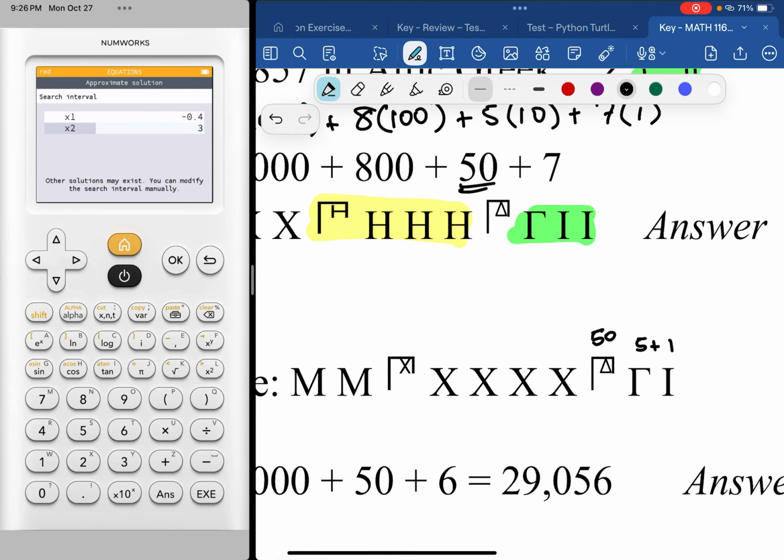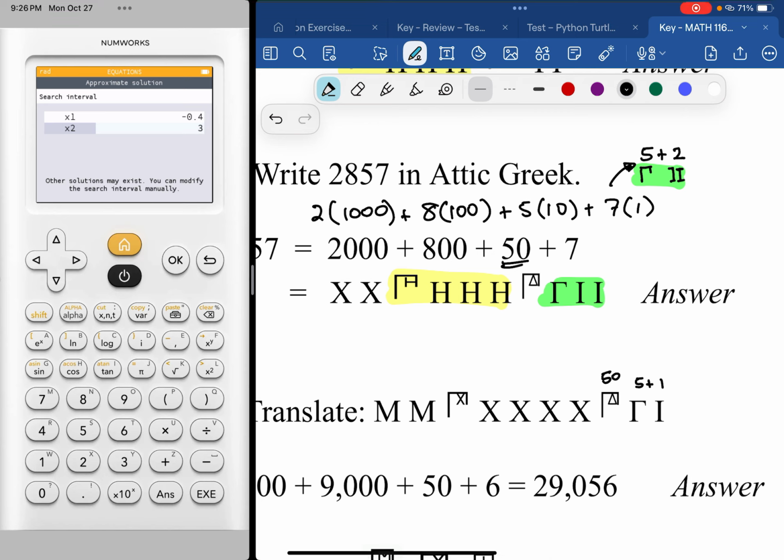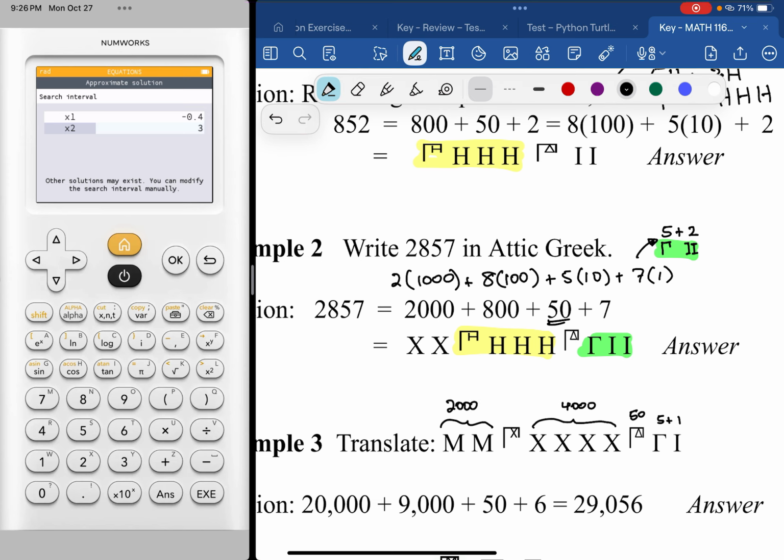All right, my chis are each worth 1,000. So that's, sorry, my squiggly bracket game is a little off. So that's going to give me 4,000. All right, I'm going to have 2 of the 10,000s, so 20,000.